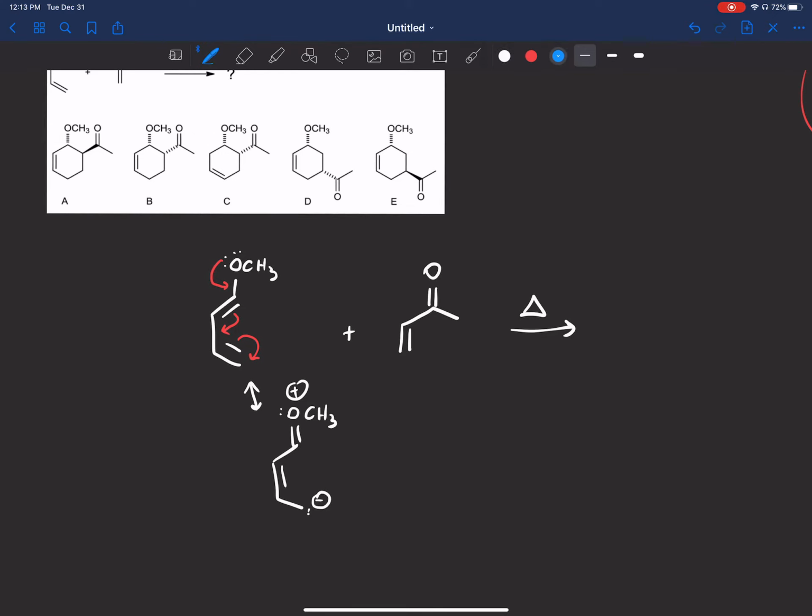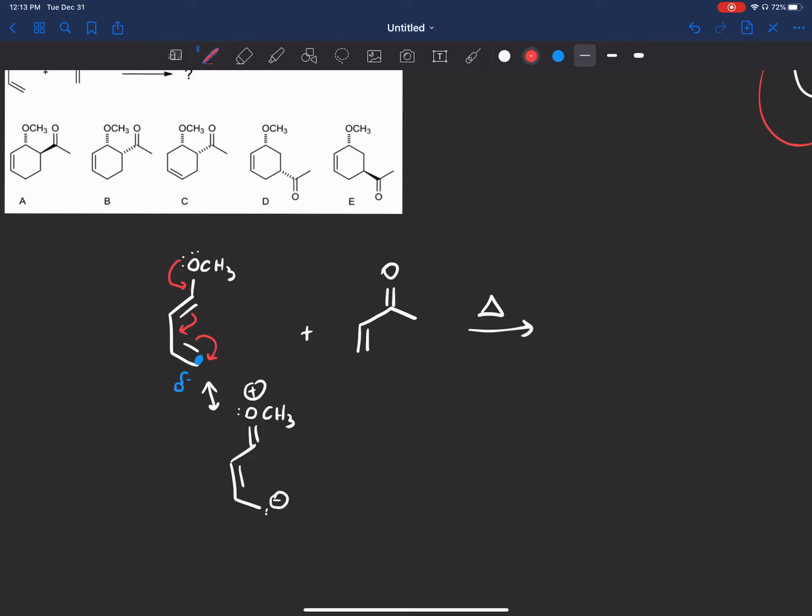So I'm just going to put a blue dot on that carbon to show that it has a partial negative. Now with our withdrawing group, our dienophile, we can bring this double bond up and that double bond too, giving us this resonance structure. O minus, double bond over here, and a positive charge on that carbon. So I'm putting a blue dot here, telling us that's where our partial positive is.